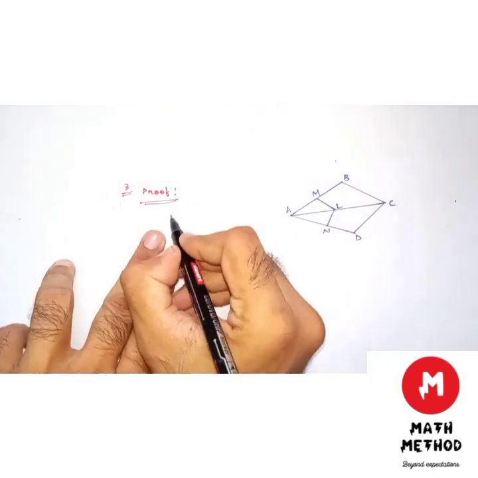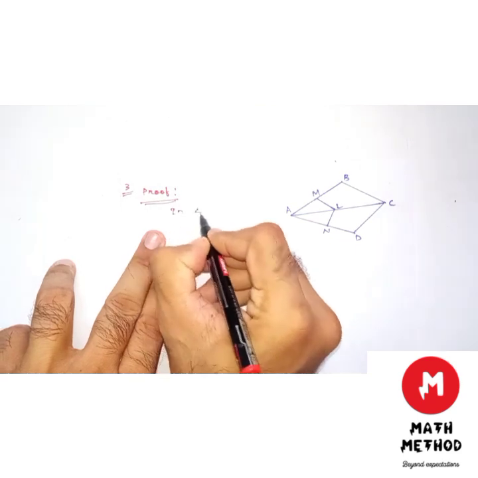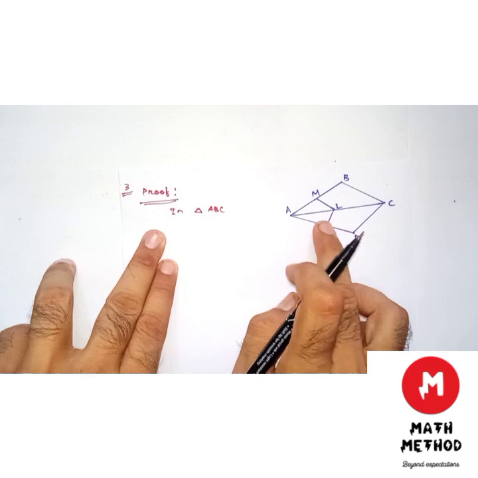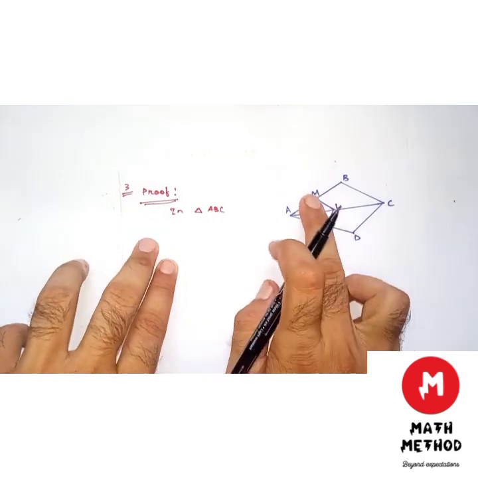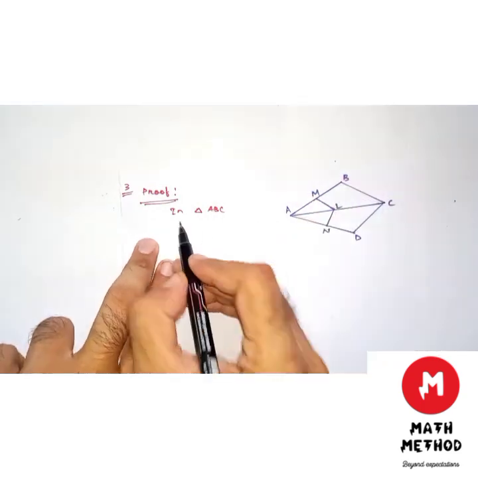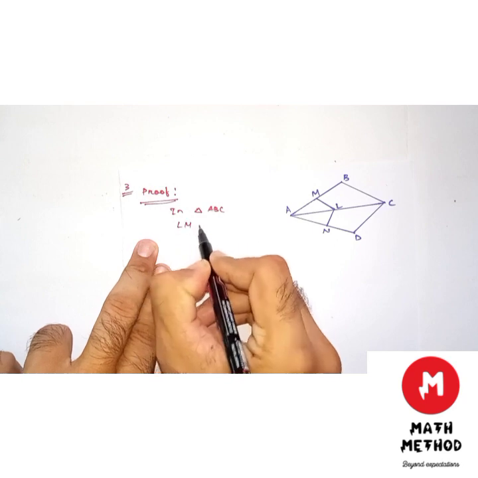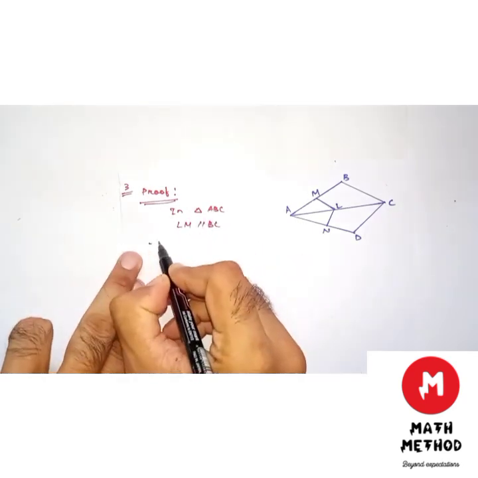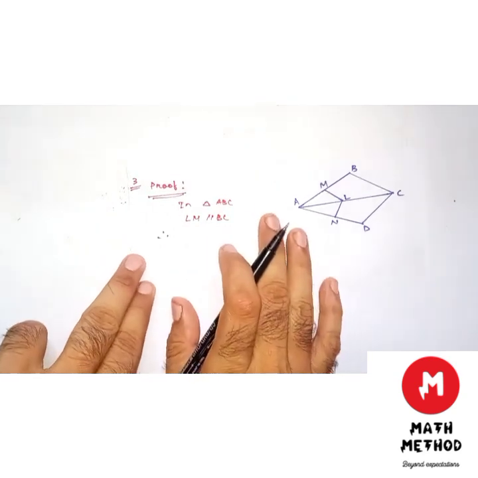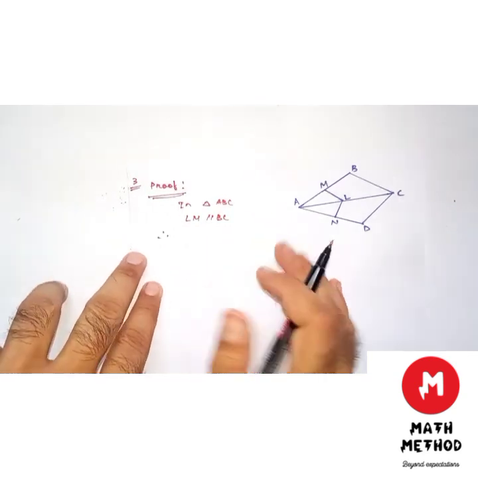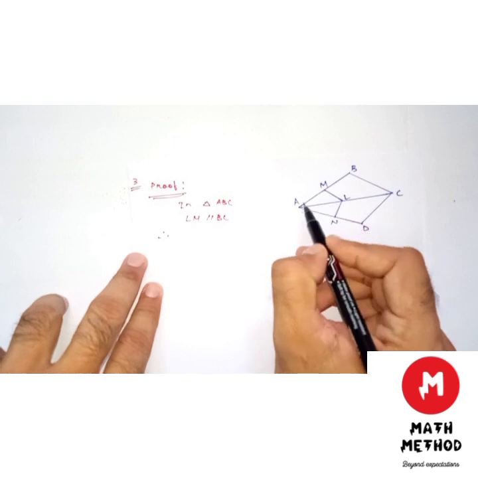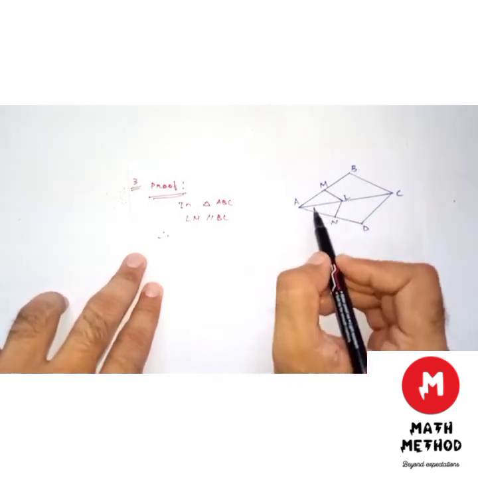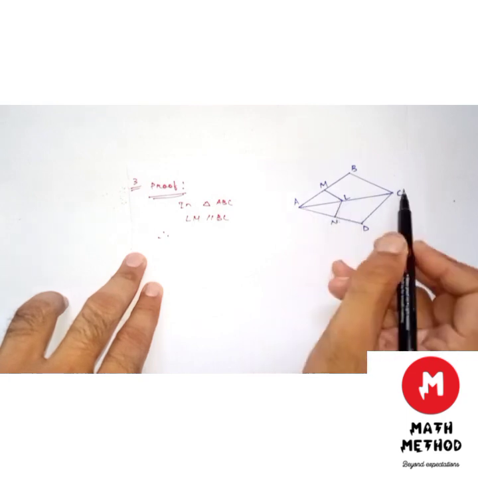Now in triangle ABC, given that LM is parallel with BC, therefore by the basic proportionality theorem or Thales' theorem, AM upon MB is equal to AL upon LC.